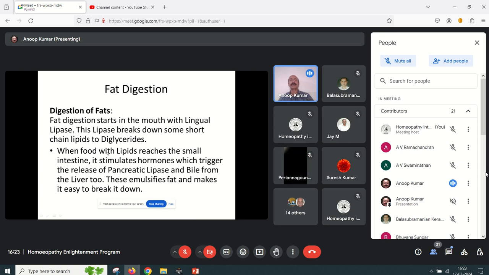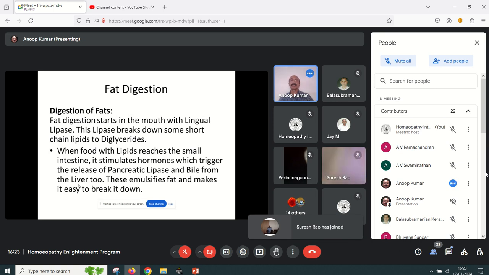And when the food with the lipids reaches the small intestine, it stimulates hormones which trigger the release of pancreatic lipase and bile from the liver too. When these diglycerides reach the small intestine, the pancreatic lipase is secreted and bile also will be secreted. These emulsify the fat and make it easy to break down.